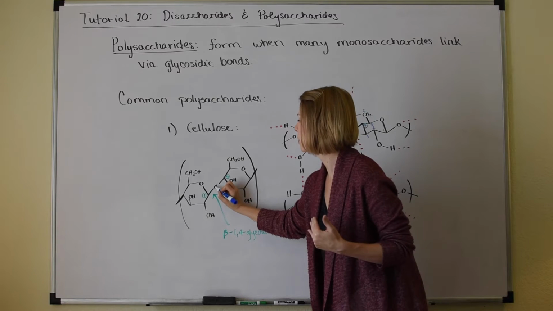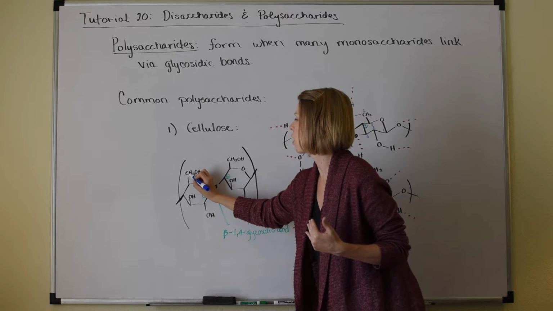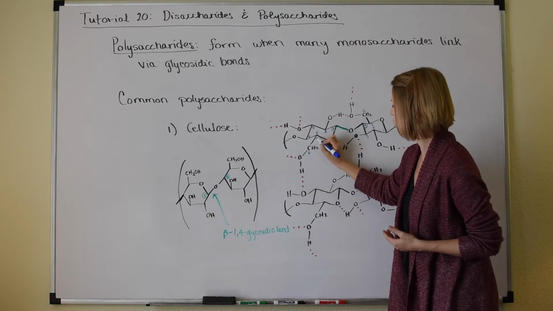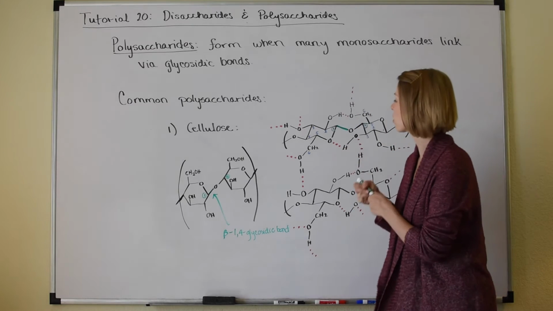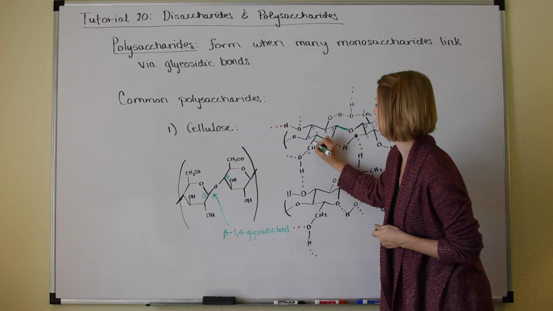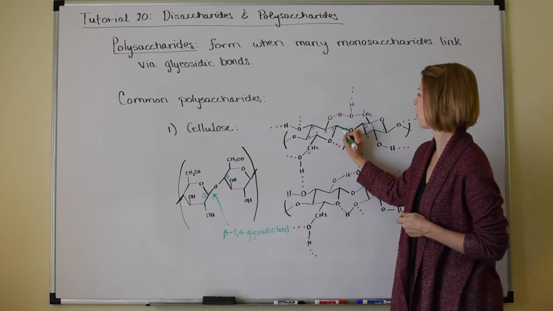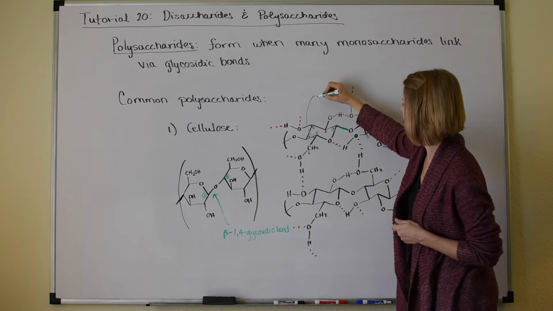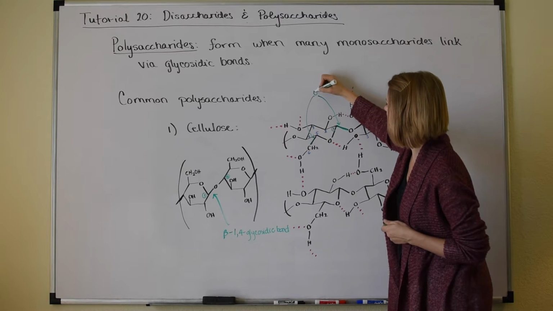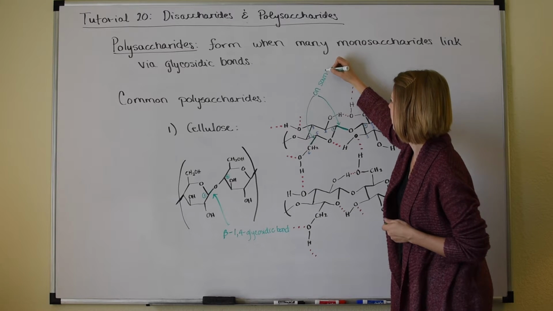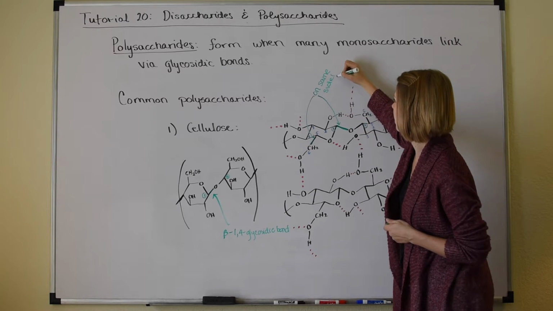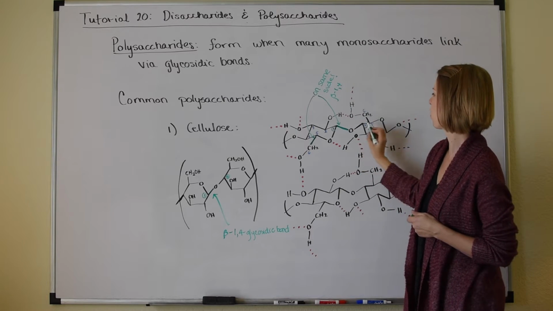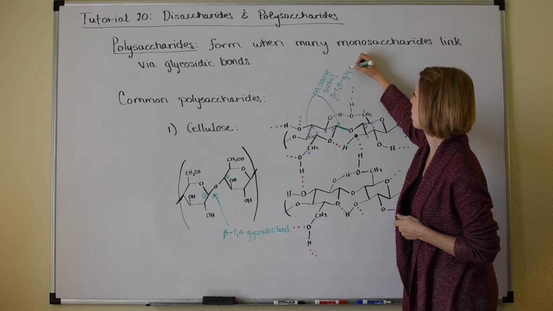So pointing up, and the CH2OH is also pointing up, so they're on the same side, that's what makes it beta. Well, our CH2OH in this chair configuration for this first glucose ring, it's pointing down as well. Okay, so they are on the same side. So let me try to indicate that here. On the same side. Okay, so it is showing a beta orientation, and of course it's 1,4 because we already said it's connecting the 1 and the 4 position, and it's a glycosidic bond.